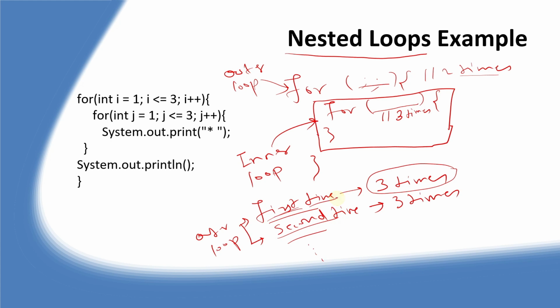For each time, the inner loop will iterate completely three times. And for the second iteration of the outer loop, again three iterations of the inner loop. So the inner loop executes completely for each iteration of the outer loop. I hope it is clear now.